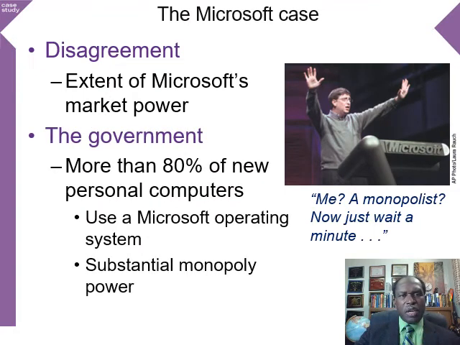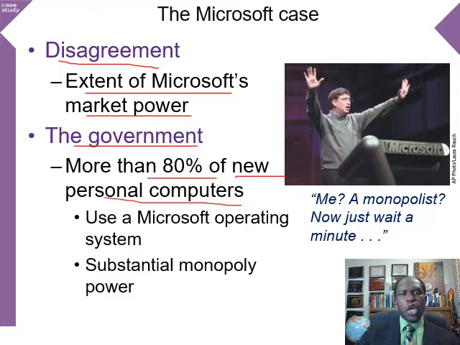There was some disagreement about to what extent Microsoft had market power. The government said that more than 80% of new personal computers use a Microsoft operating system. This was a substantial monopoly power for Microsoft.